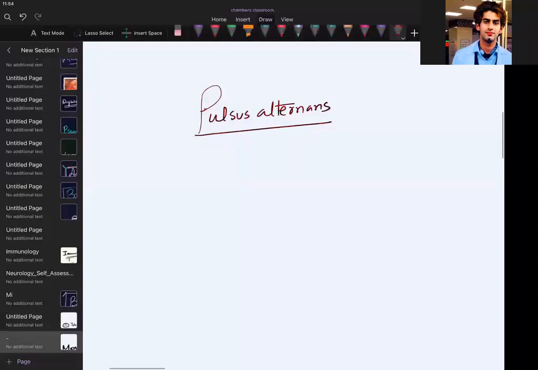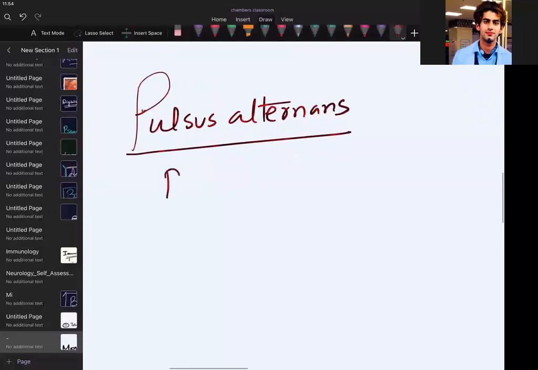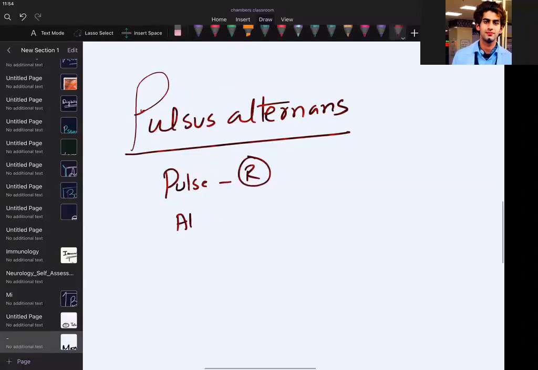In pulsus alternans, the pulse will be regular, but the beats will be alternating strong and weak beats.